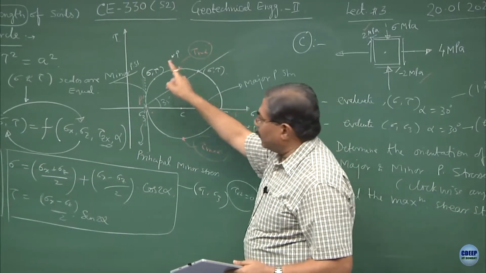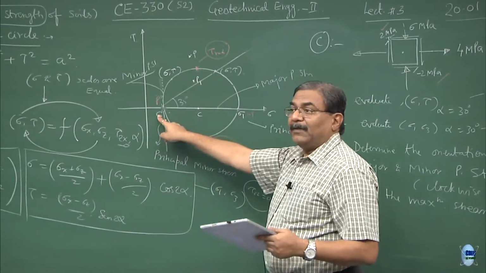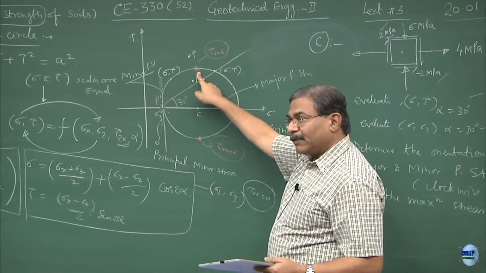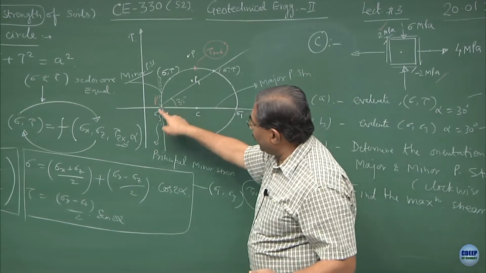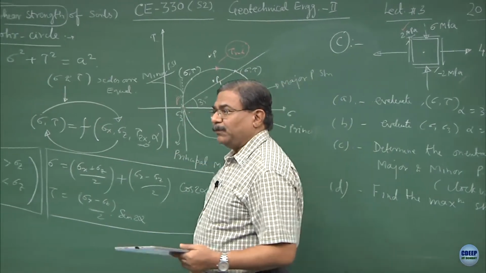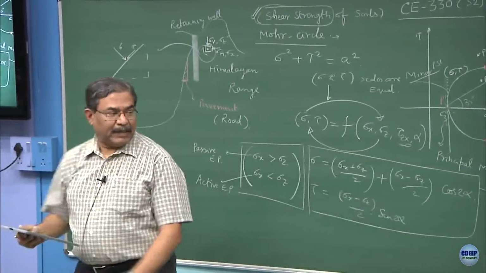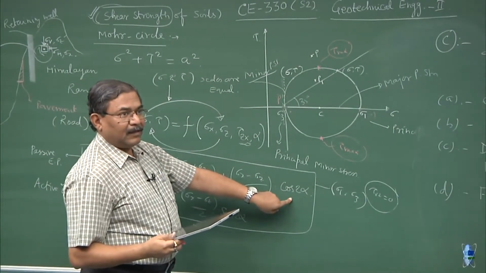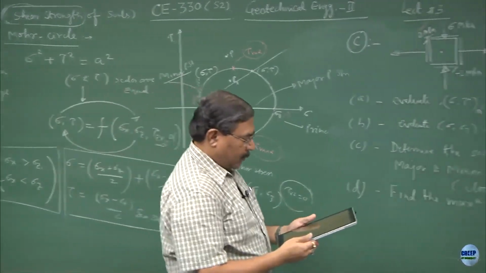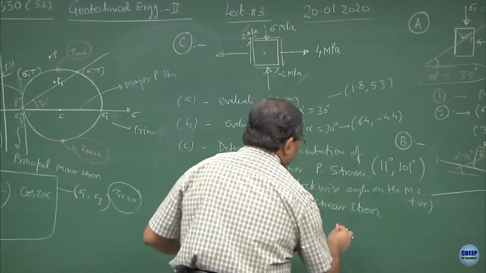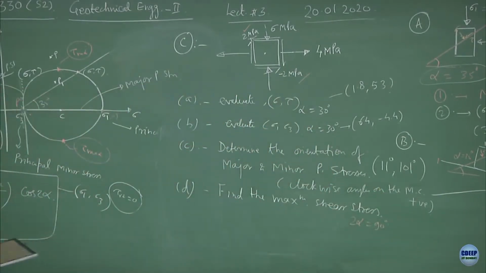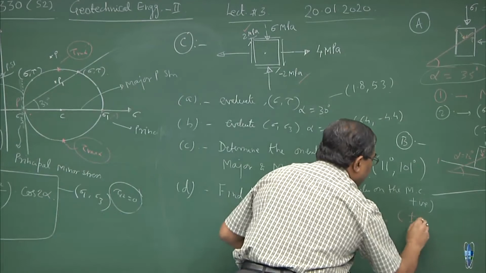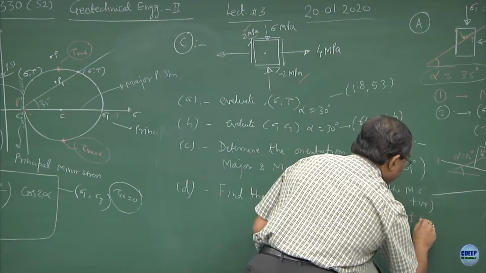This point when connected to the pole is going to give you a plane on which this state of stress is acting, which is the maximum stress, and its orientation would be this divided by 2, because we have been talking about 2 alpha, fine. So, try to solve this and this comes out to be 2 alpha equal to 90 degree. So, alpha is 45 degree and the state of stress would be plus minus 5.4 MPa.